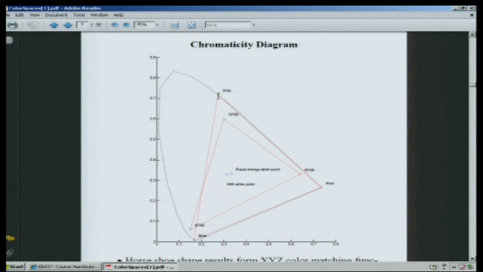Now, the three dots here, so there's two triangles. The three vertices of the triangle, so there's two triangles. The one triangle is the CIE, a triangle associated with the CIE primaries. The CIE primaries are pure spectral primaries, so therefore they fall right on this curve. Exactly, because they're pure spectral primaries, they're by definition on the curve.